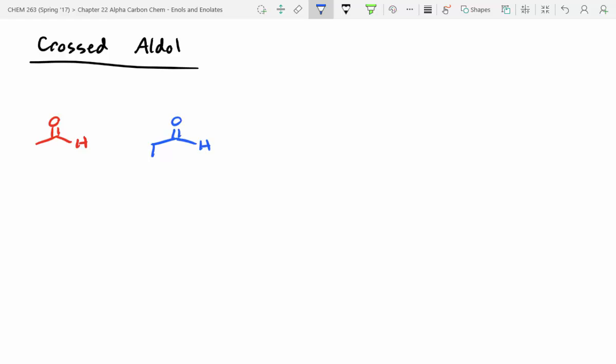I want you guys to determine what product or products you could get if you treat this with sodium hydroxide and water. You can assume that they're in equal amounts in solution. You can assume that it's low or moderate temperature, so aldol addition.